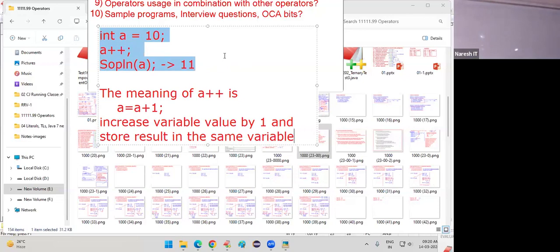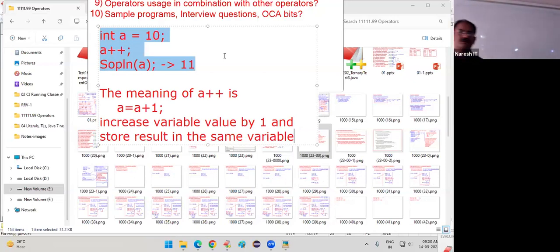Okay, next bullet point. Minus minus. Hope you know minus minus means hyphen hyphen. Minus minus is called the decrement operator.